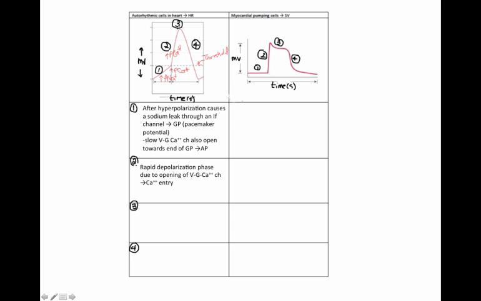And then the calcium channels close, and for repolarization what we're going to see is increased permeability to, as you probably guessed it, potassium, and of course a corresponding decrease in permeability to calcium. I'll just write that there because they close.